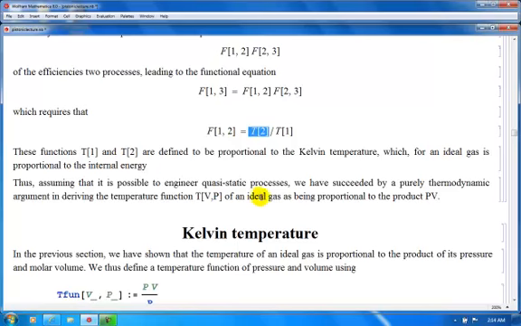Thus, assuming it's possible to engineer quasi-static processes, we've succeeded in a purely thermodynamic argument in deriving the temperature function T of V and P of an ideal gas as being proportional to the product PV. And we haven't assumed anything about statistical mechanics.